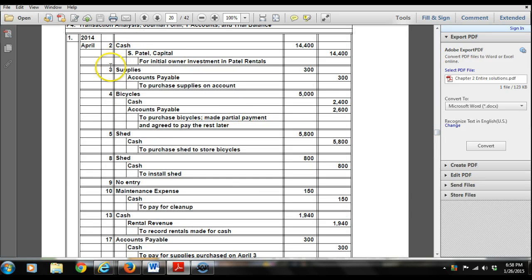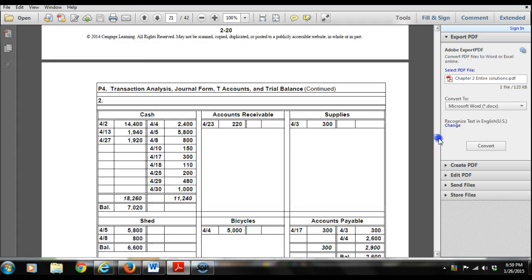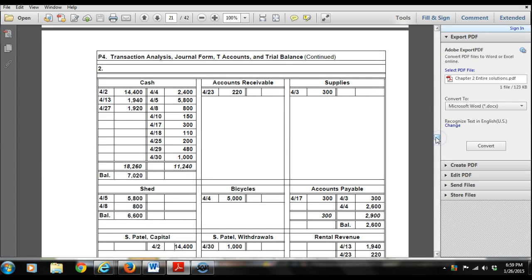The next is a debit to the supplies account for $300 and a credit to accounts payable for $300. So once again, we'll go to our T accounts. We'll go to our supplies T account, show the date of April 3rd, $300, and then we'll also show on April 3rd we credited the accounts payable for $300.